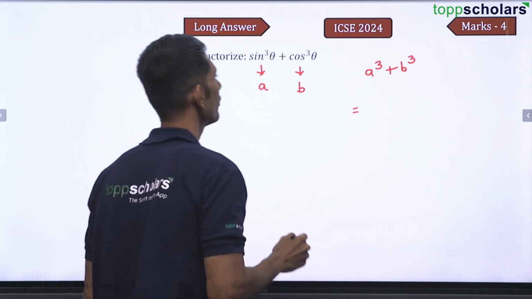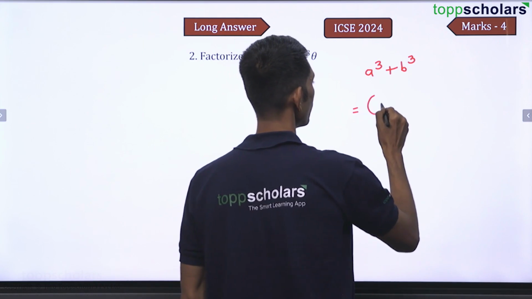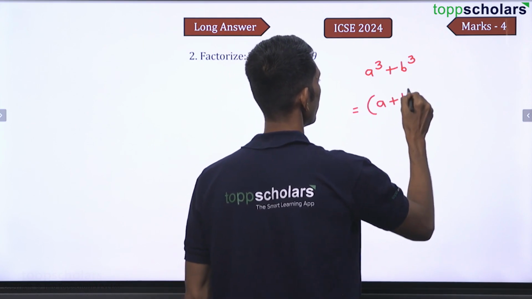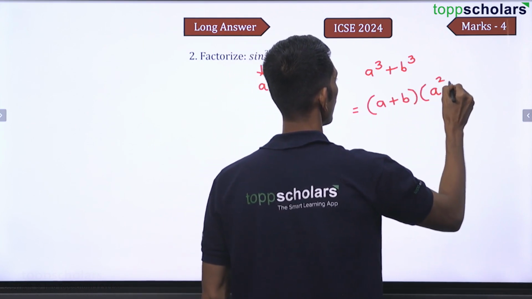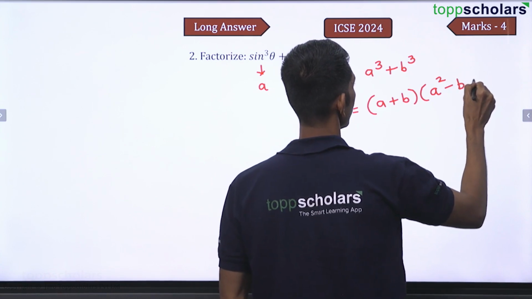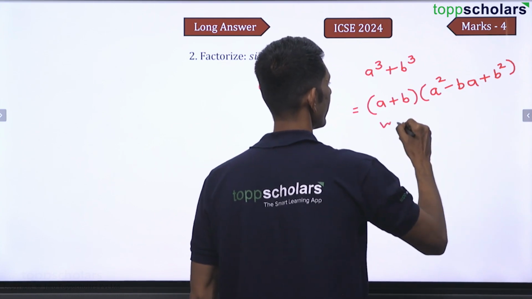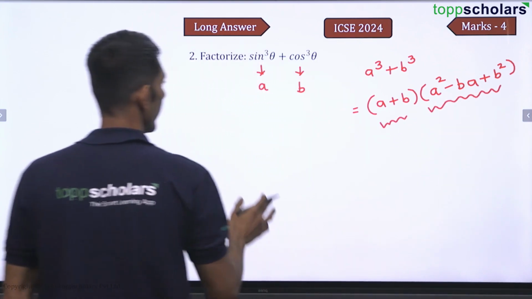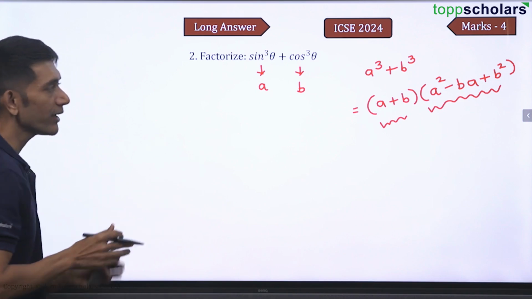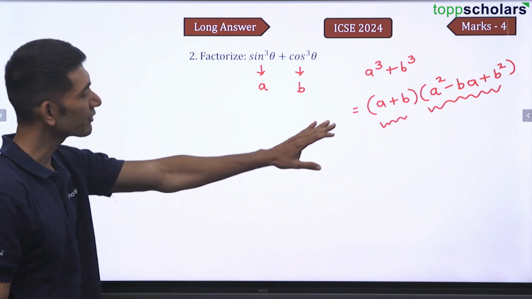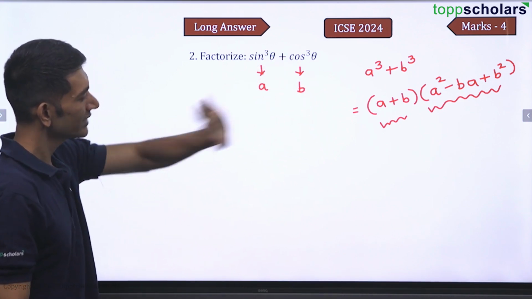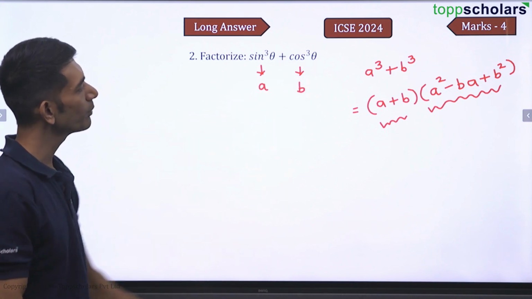So what is A cube plus B cube? A cube plus B cube is A plus B, A square minus AB plus B square. AB or BA, same thing, doesn't matter. These are the two factors you can say, of A cube plus B cube.